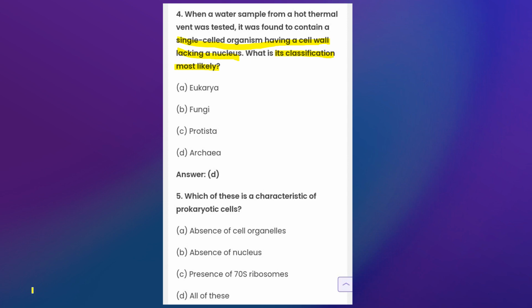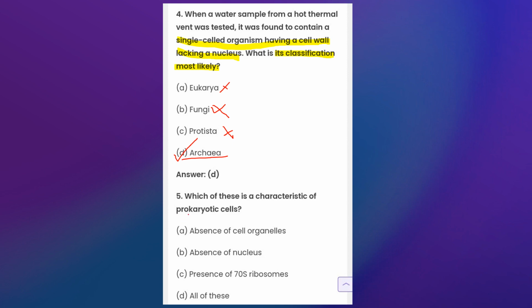Eukaryote? No, eukaryotes have a nucleus. Fungi? No. Protista? No. These are the eukaryotic organisms. Then archaea? Yes, the answer is archaea, because archaea are the extremophiles. These can live in the hot thermal vents.